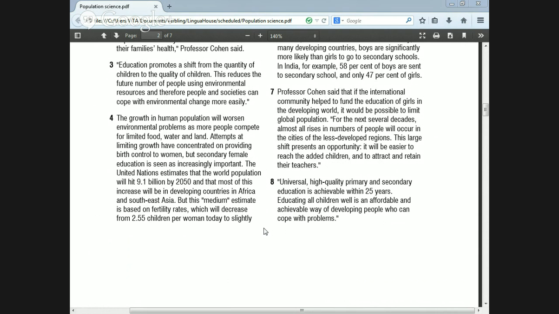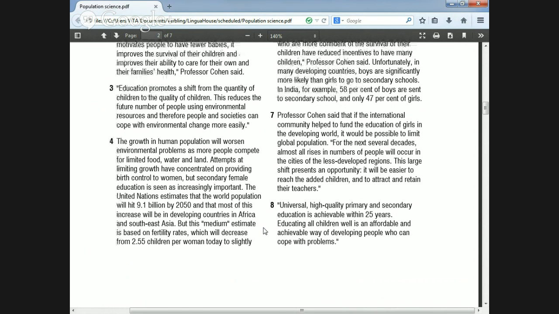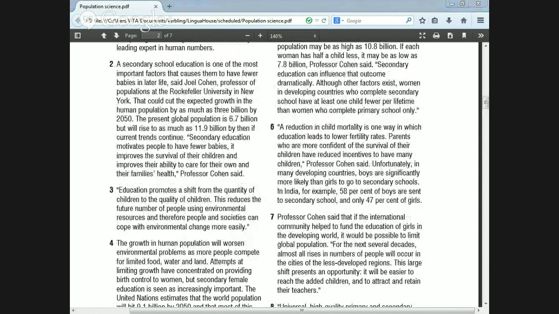Okay, so can anybody basically explain the main idea of this article? I guess the main idea, they try to point out if the girls have a high education, they probably won't have as many kids as they used to have nowadays, and as a consequence, the world will have fewer people in the future.